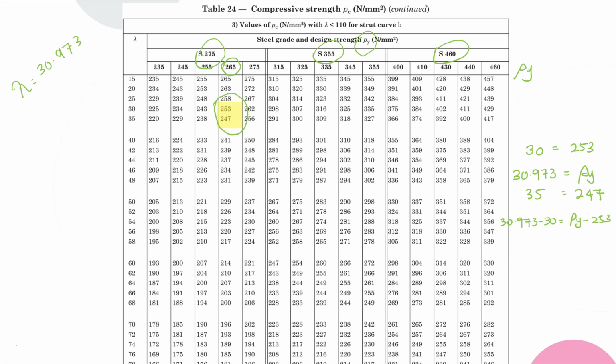Okay, maksudnya you ambil value 30.973 tolak 30, PY tolak 253, macam tu lah.